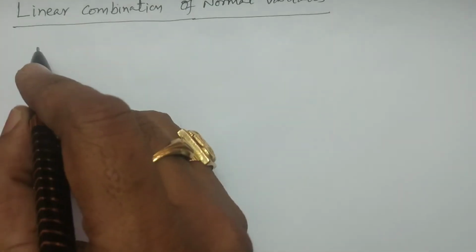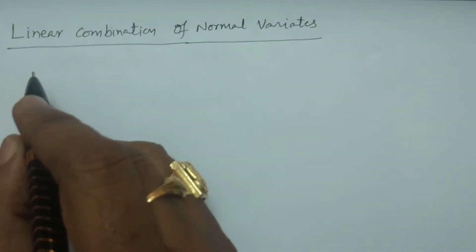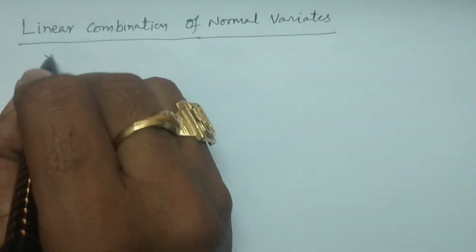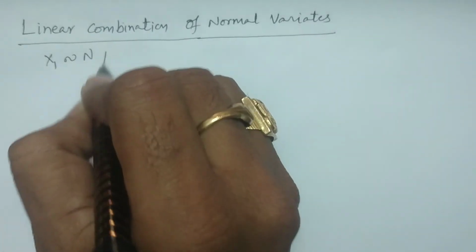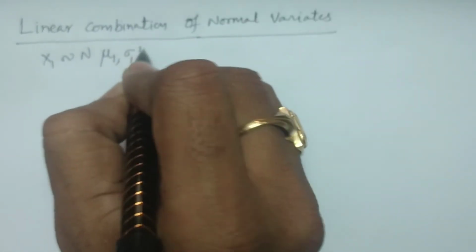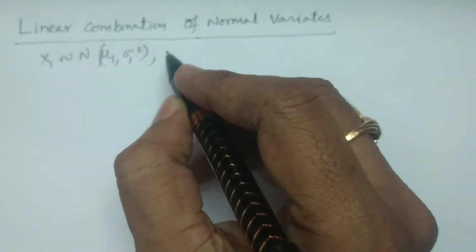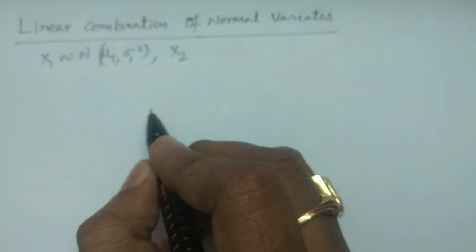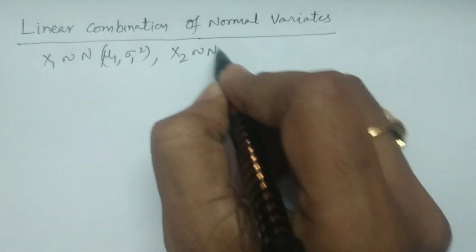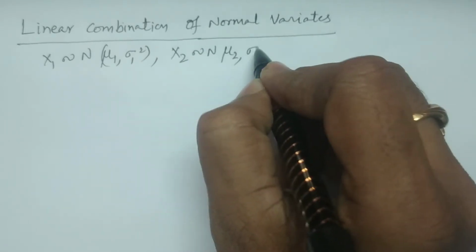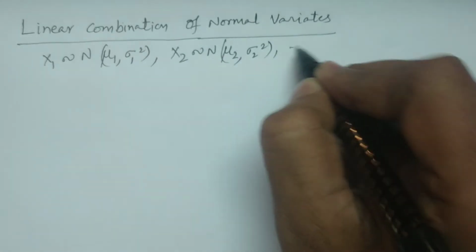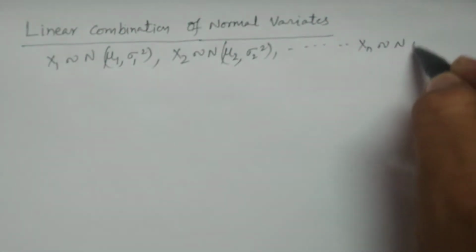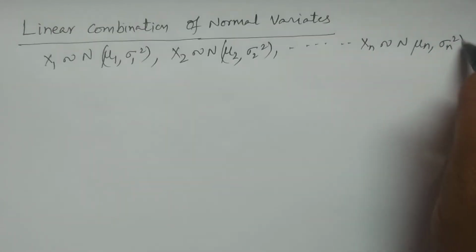Now, what I consider is a linear combination of n independent normal variates. For example, if you consider x1, x2, xn are independent normal variates, I consider x1 follows a normal distribution with parameters mu1, sigma 1 square, and similarly, x2 follows again a normal distribution with mean mu2 and variance sigma 2 square, and so on, xn follows a normal distribution with mean mu n and variance sigma n square.